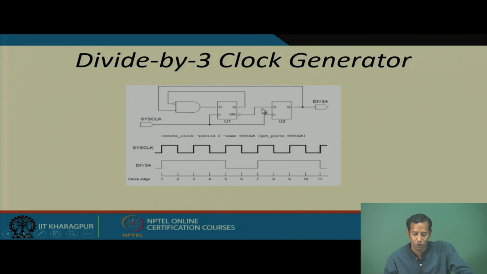Okay. So, what is the meaning of this? The Q bar is connected to D. Why is it divide by 3 whenever we are dividing by 3? At that time it is mainly this Q and Q bar.